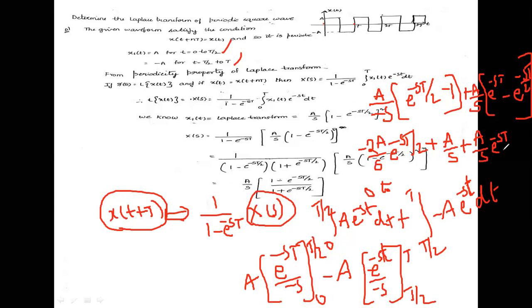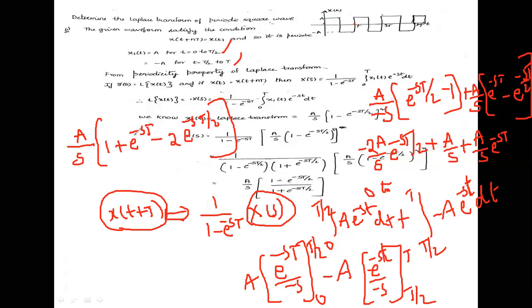You can take a by s as common: 1 plus e power minus st and minus 2 e power minus st by 2. This is a whole square, simple. Taking a by s as a common term in all the terms, 1 plus e power minus st and minus 2 e power minus st by 2.